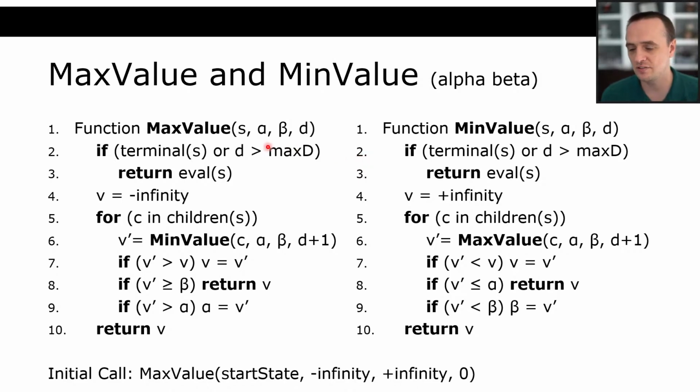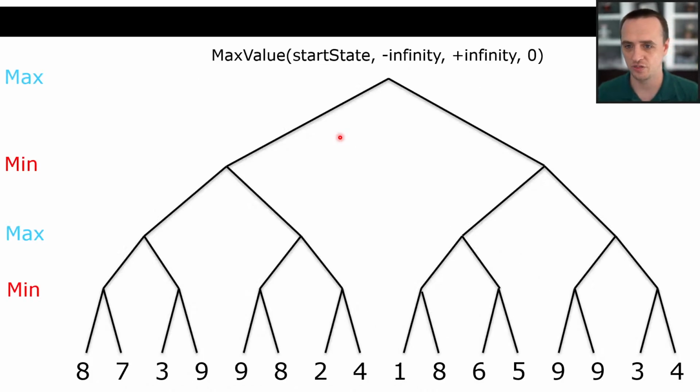So that matters for the implementation: the state, the alpha, the beta, and the depth, you are passing by value, meaning you are passing copies of those variables. So those variables will propagate downwards in the tree, but they do not propagate upwards in the tree. And I'll show you what that means with this very well illustrated example.